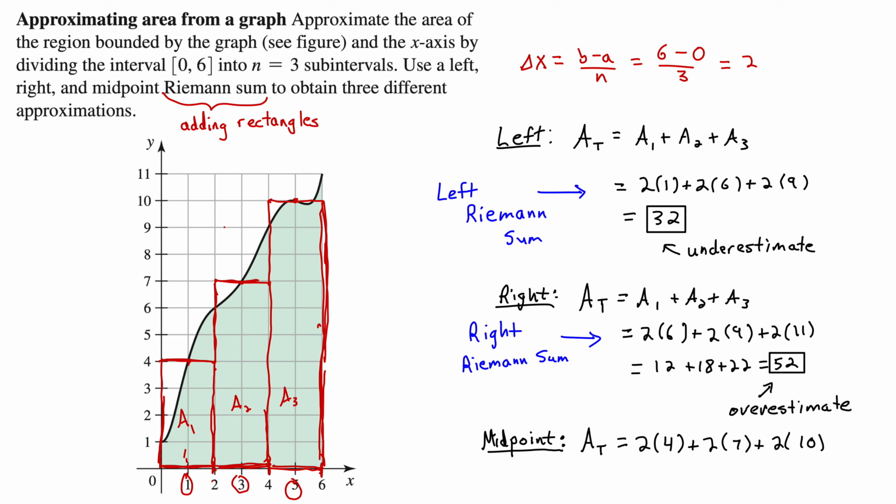In fact, that's what we end up doing on a lot of these. You can just factor that 2 out to the beginning and just add the heights and multiply once. That's faster. In fact, let's do it. 2 times the quantity 4 plus 7 plus 10. That'll save you some time. Okay, 2 times 21, which is 42.